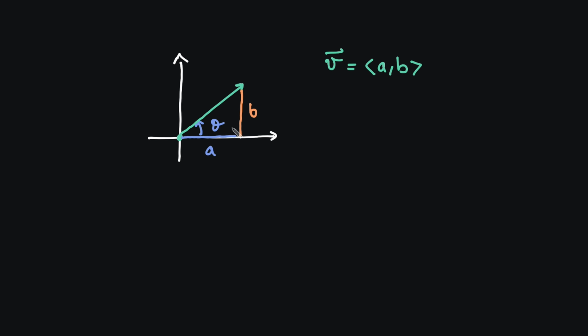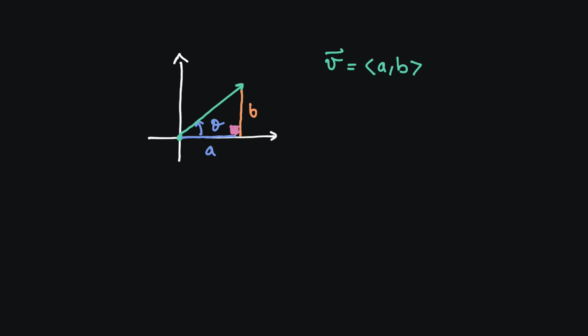And again, we have a right triangle. Since we have a right triangle and a direction given as theta, we know that we can find each of these components given the direction and the magnitude of the vector.